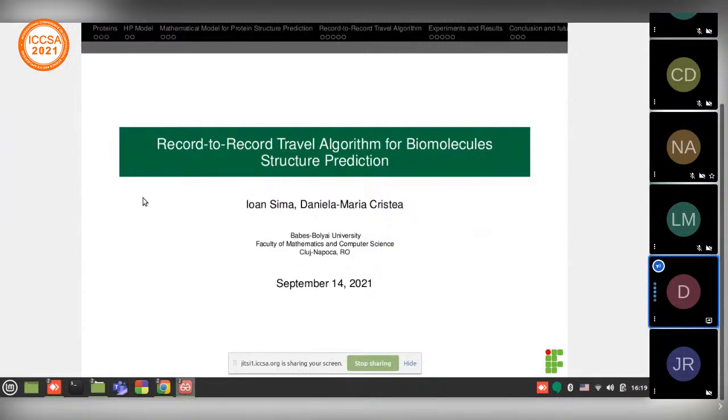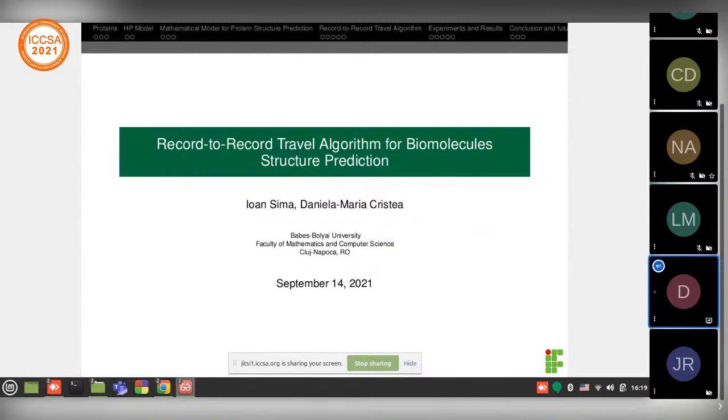The title of the paper that I will present today is Record-to-Record Travel Algorithm for Biomolecule Structure Prediction. We are two PhD students from Babeș-Bolyai University, Faculty of Mathematics and Computer Science, from Cluj-Napoca, Romania, the country of Dracula.